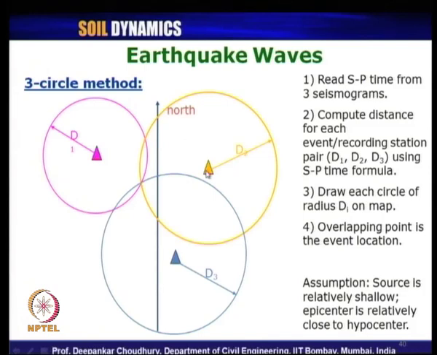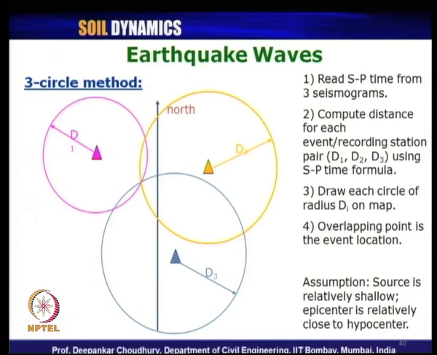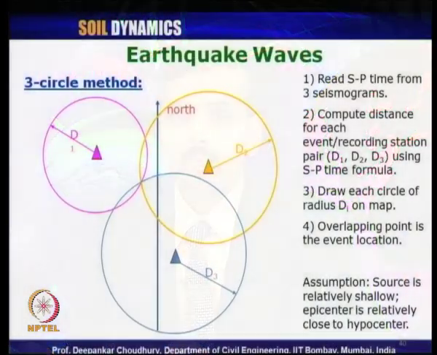Similarly, for another recording station which also has recorded the same earthquake, with both P wave and S wave arrived at their seismograph, the seismogram record will give us the S minus P formula, from which we can calculate the distance from that recording station to where the earthquake has occurred. In a similar way, draw another circle with a radius d2.